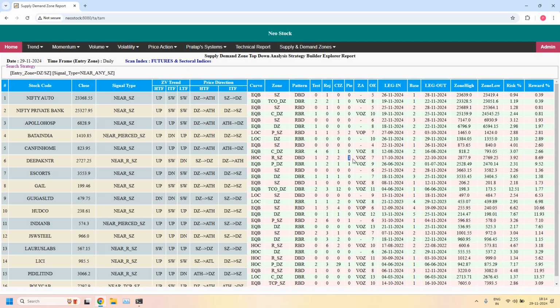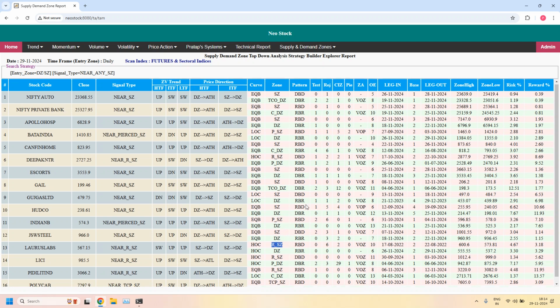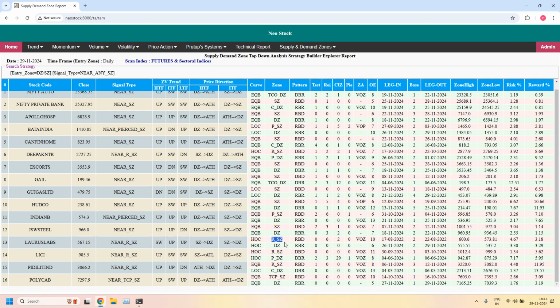But Netrate is pierced, so it's not valid. Laurus Labs is having a high liquidity daily supply zone, having 6 rejections from this zone.